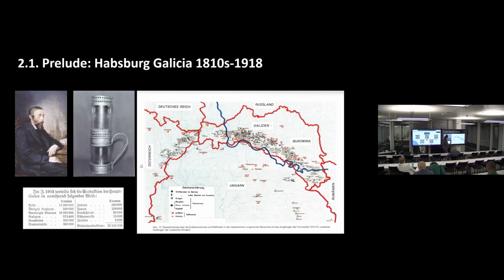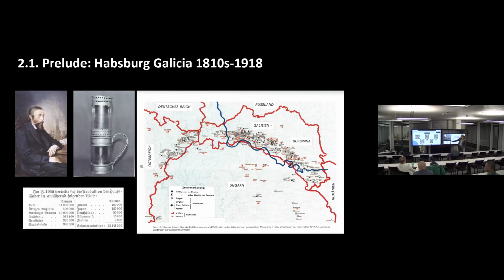And here in this region to the north of the Carpathian Mountains, we have really very old famous oil fields. And this gentleman here is Ignacy Łukasiewicz, who was the inventor of the petroleum lamp. And this was quite an innovation in the 19th century.